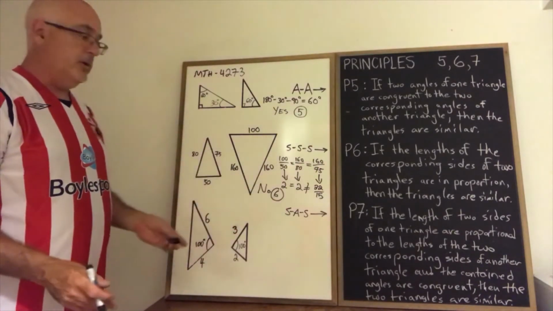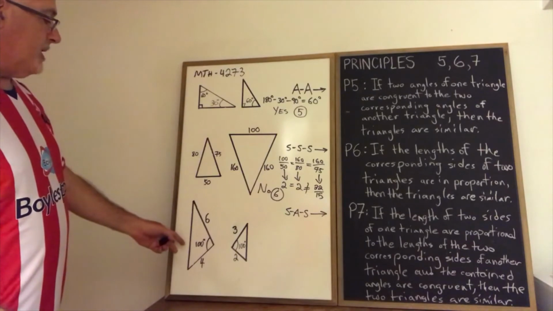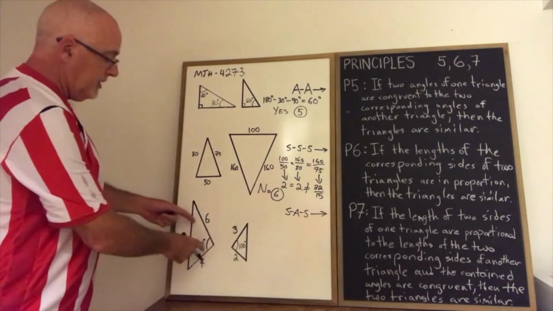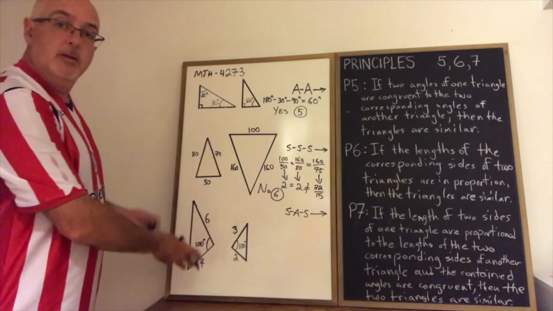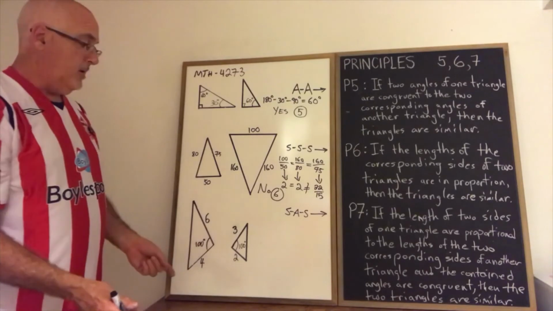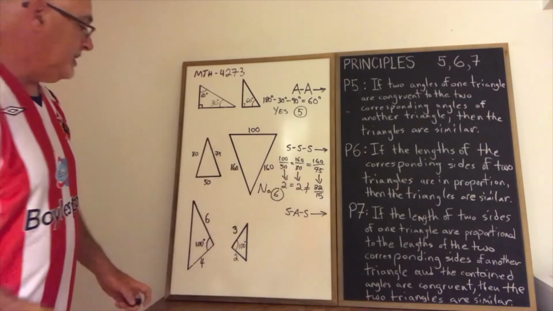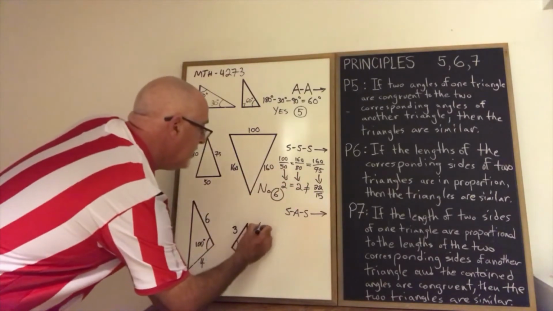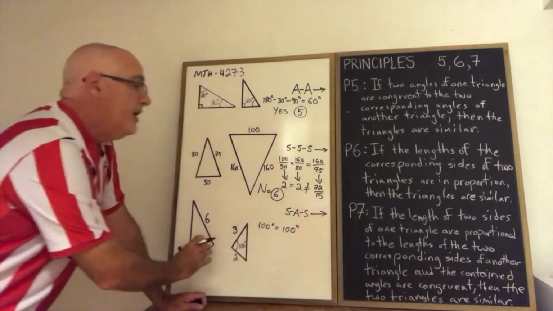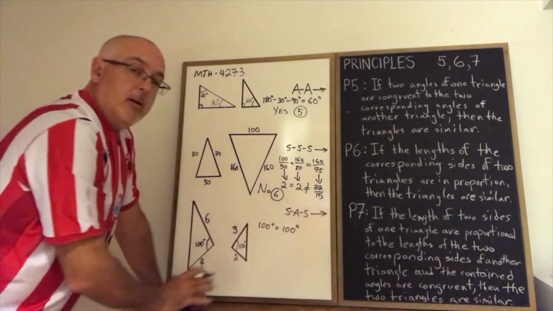it is not proportional. In the third example, I have a 100-degree angle in both triangles. The side lengths in the first one are 6 and 4 of the two sides that I know, and the side lengths of the second one are 3 and 2. I can apply Principle 7 here. I can see that 100 degrees equals 100 degrees, so the two triangles are obeying that part of the principle.